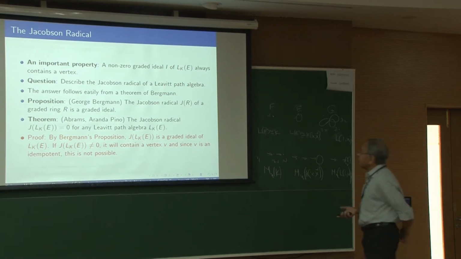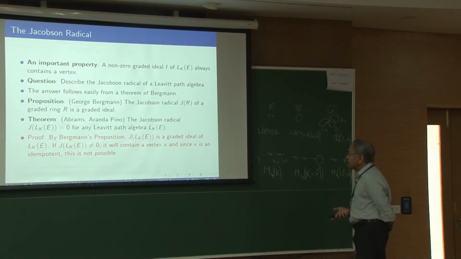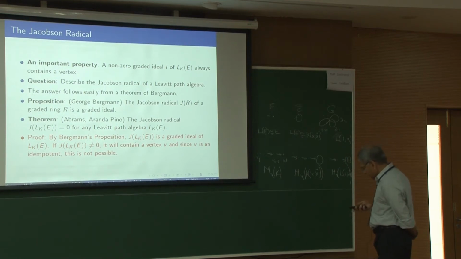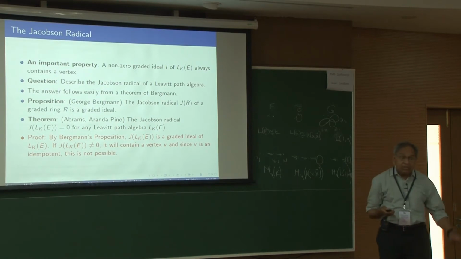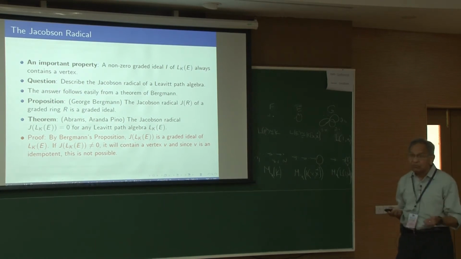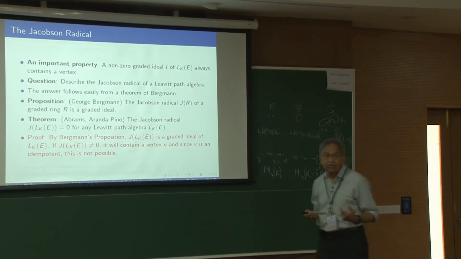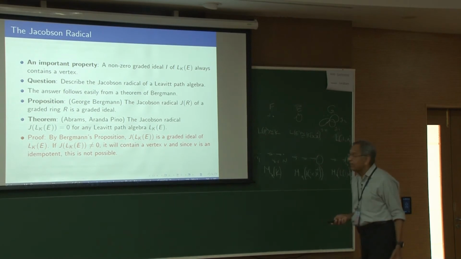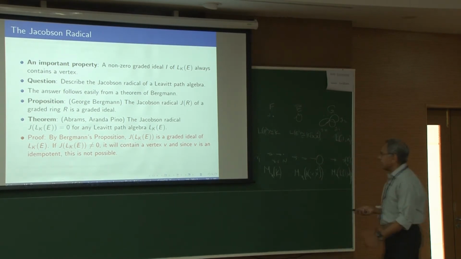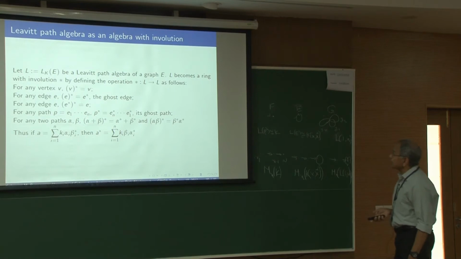So this shows that the Jacobson radical of a Leavitt path algebra is always zero. That leads to nice simplification later on when you talk about some structure theorems for Leavitt path algebras. I'll point out later on in one of the talks.